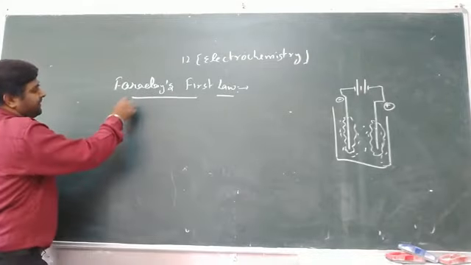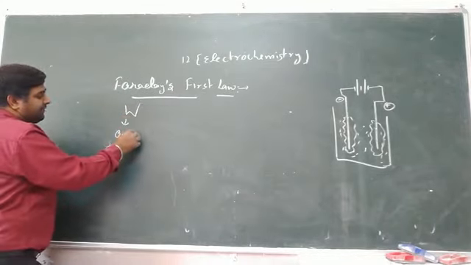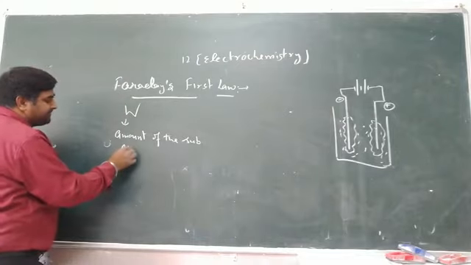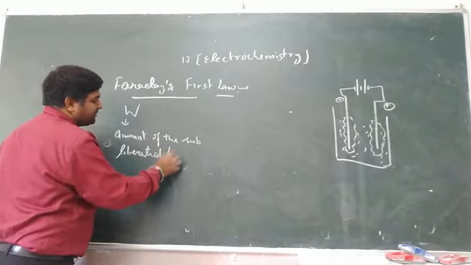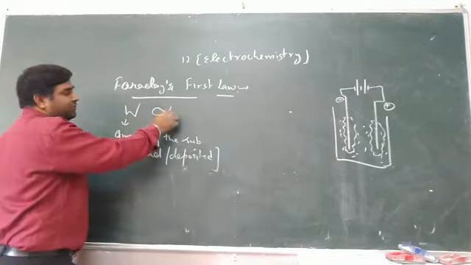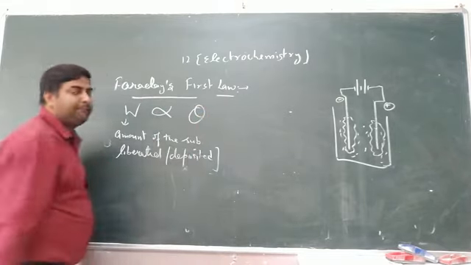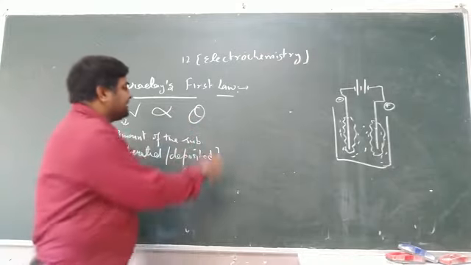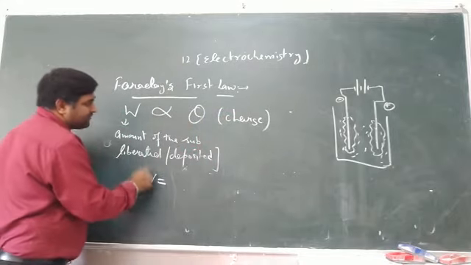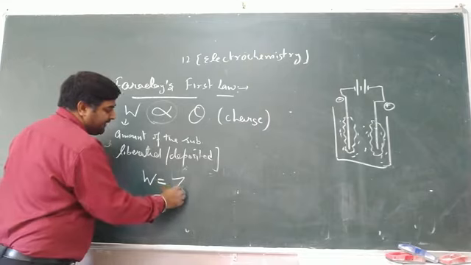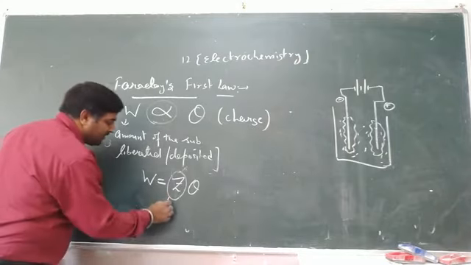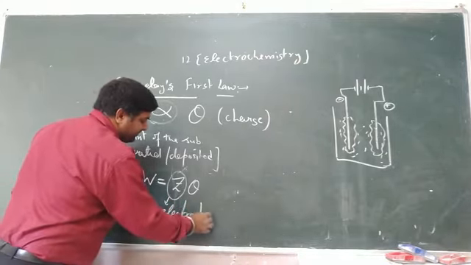So Faraday's first law: the amount, that is W, of the substance liberated or deposited at the respective electrodes is directly proportional to the amount of charge passing through the electrolyte, that is charge Q. So W is equal to, when we remove the proportion sign, we have to write a constant, that is Z. Z is called the electrochemical constant.